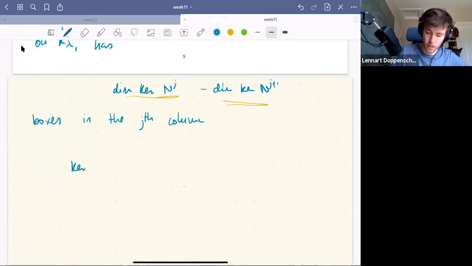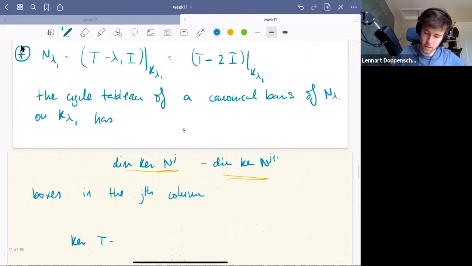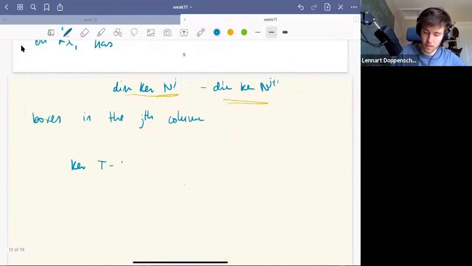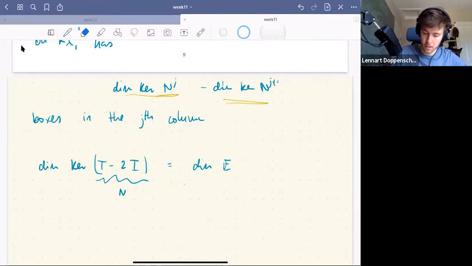The kernel of T minus 2i to the first power is always just the eigenspace of 2. So the dimension of the first power of this is the dimension of the eigenspace.